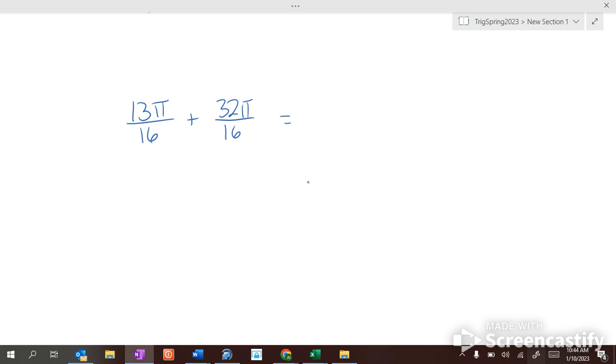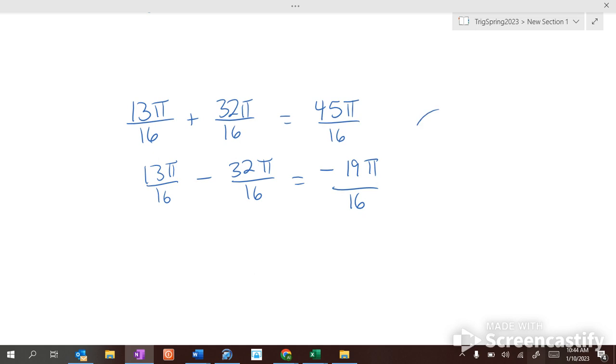So 13 plus 32 is 45 pi over 16. If we take 13 pi over 16 and subtract 32 pi over 16, we get negative 19 pi over 16.